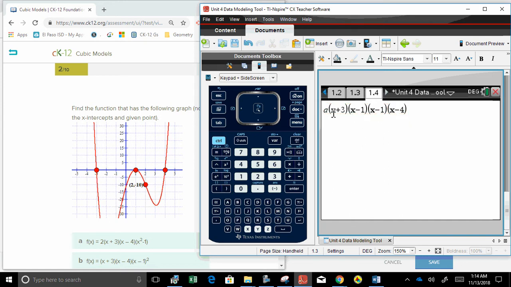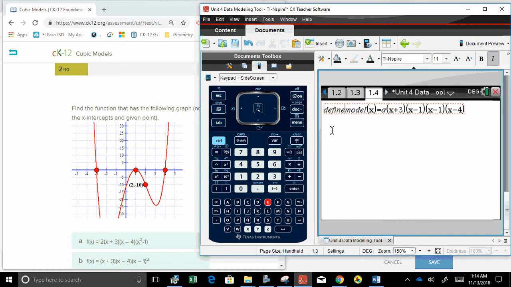And this is f of x, or our model, and we can define it.